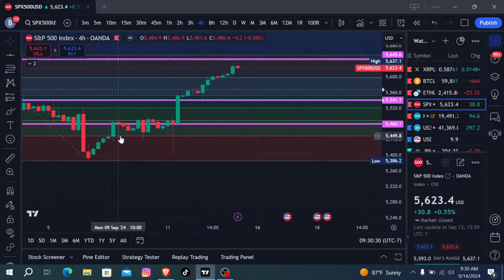6 in the morning. Went back to this area. So this area right here was your buying area. Easy buy. Because there's a pattern to it.